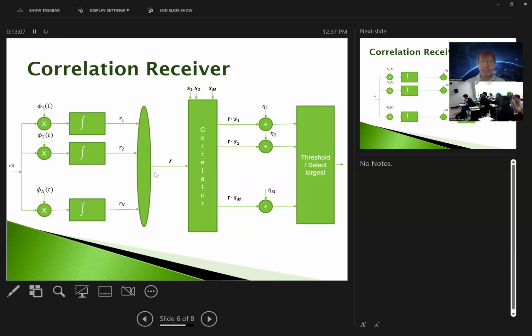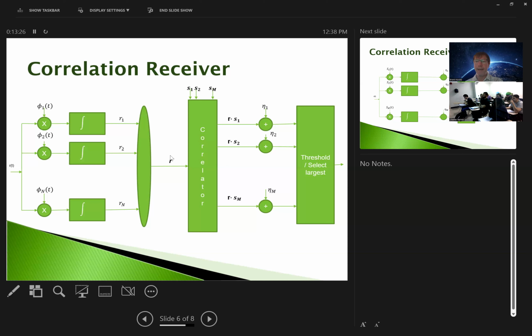We sum all those up, just like we'd have ax plus ay plus az with the unit vectors on them.